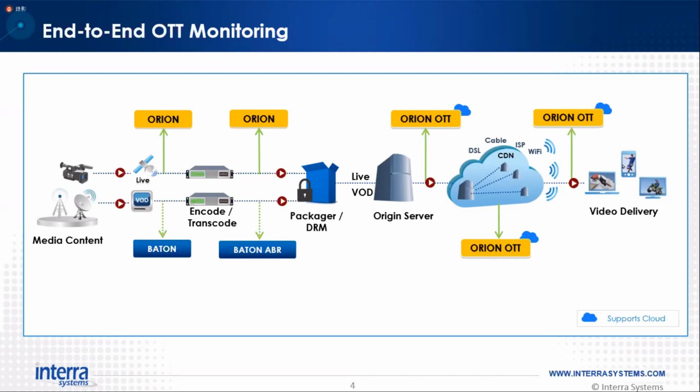Now, from InterraSystems, we have tools to monitor your content as it proceeds from the acquisition, from where you generate your transports, to the end devices as well. For your transport streams, whether you are using IP based, ASI based, SDI, or even SDI over IP nowadays, InterraSystems Orion can be used to monitor your content for both quality of experience and quality of service.